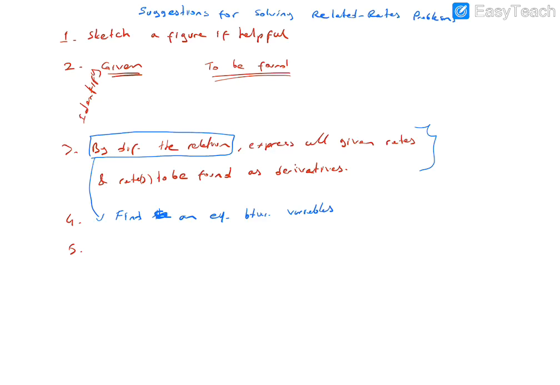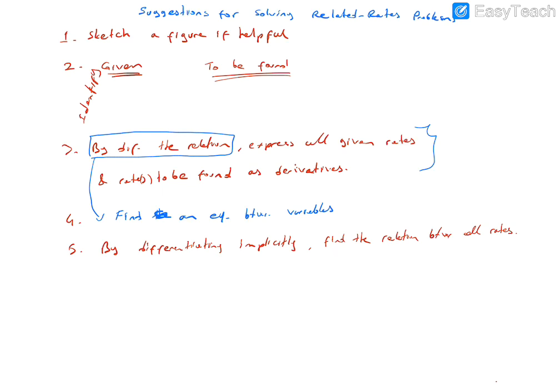So here, let's write: by differentiating implicitly, find the relation among the variables, maybe more than two variables, between all rates given and rates to be found.